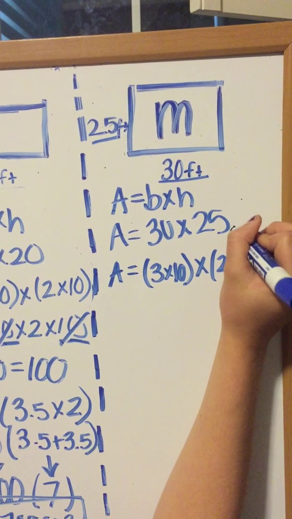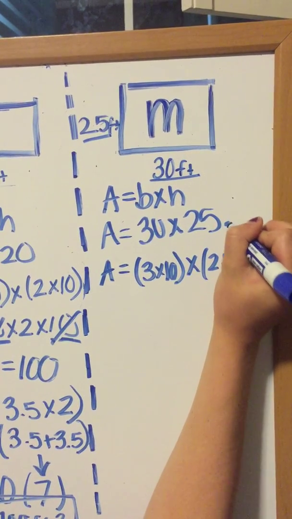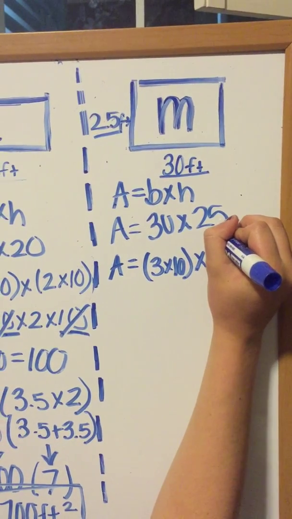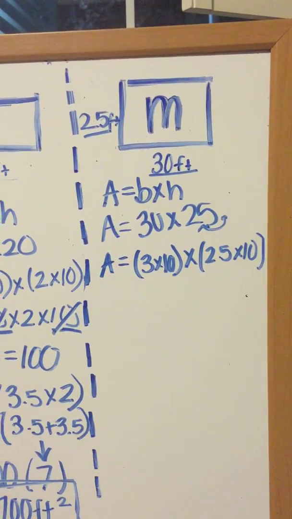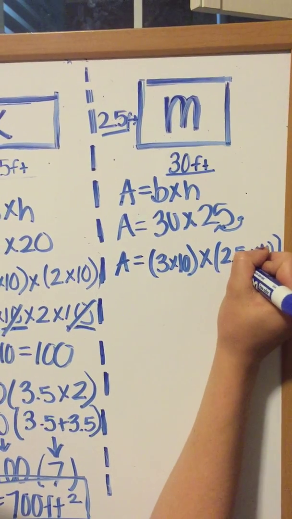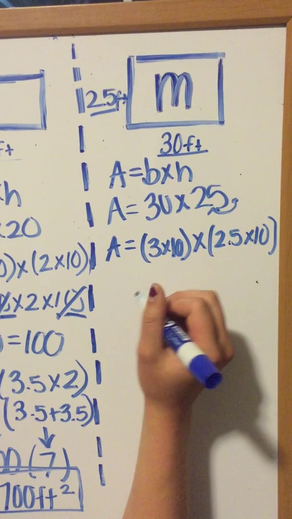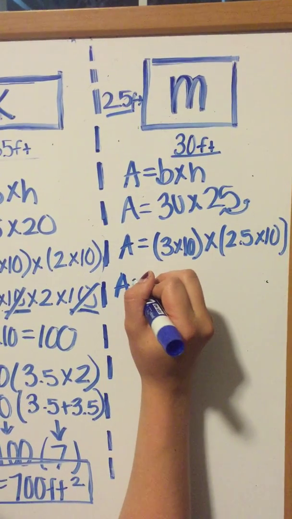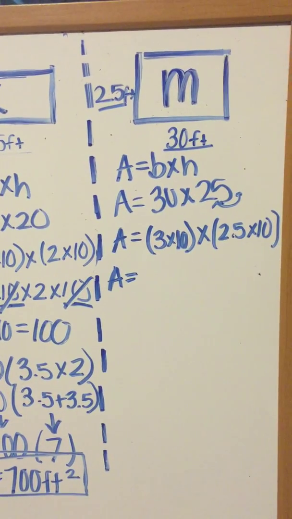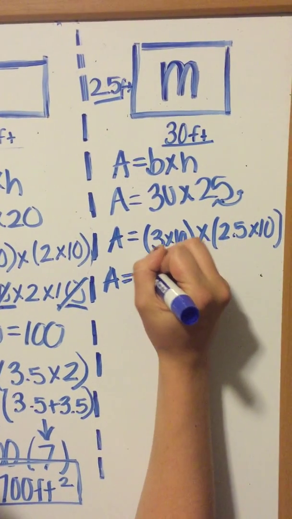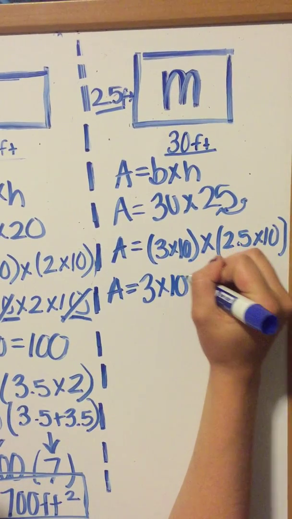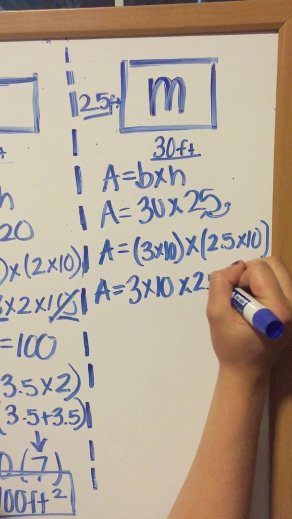If you look at the problem before, it's as if we're moving the decimal one place to the left. Since the order that you multiply the numbers doesn't matter, the area is 3 times 10 times 2.5 times 10.